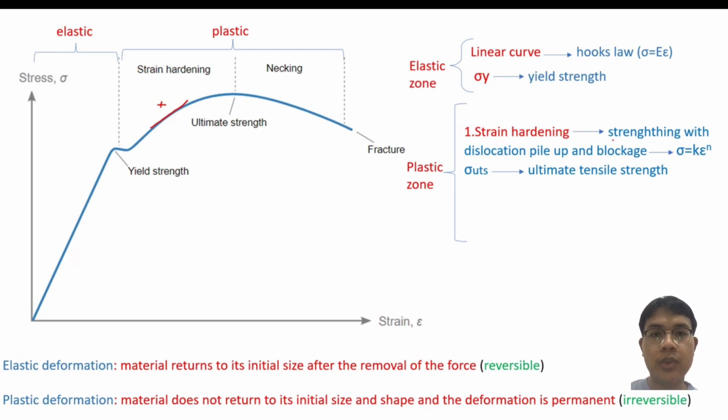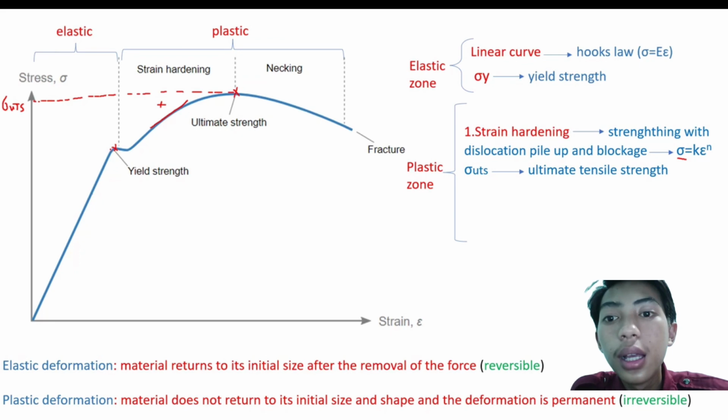The equation of the strain hardening part of the plastic zone is: sigma equals K multiplied by epsilon to the power of n. Sigma is stress and epsilon is strain, K is a coefficient, and n is a number between 0.1 and 0.5 or 0.6. This equation is obeyed in the strain hardening zone of the material. At the highest part of the curve in the plastic zone, we have the ultimate tensile strength, which is right here.